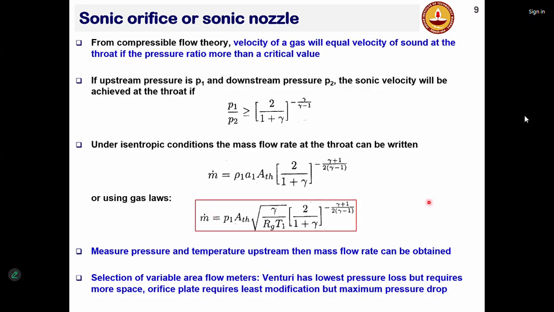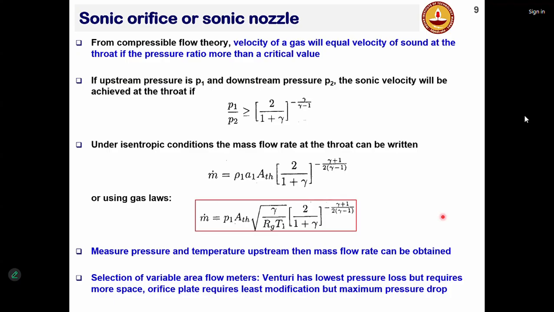Sir, where would I actually desire this sonic velocity and all? So if you use compressible flow through a tube, where your velocity is very large, this may be some kind of application requiring large pressure of gas.